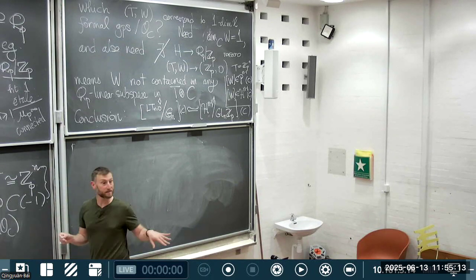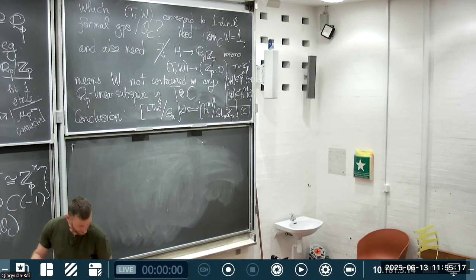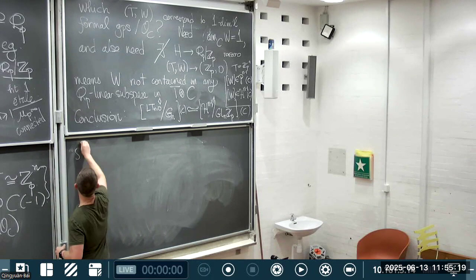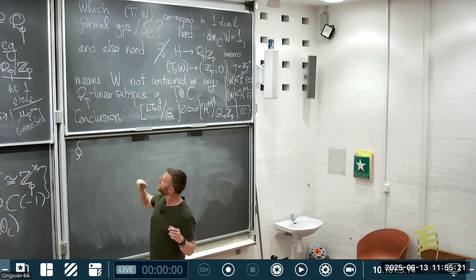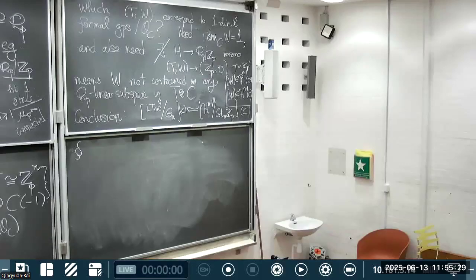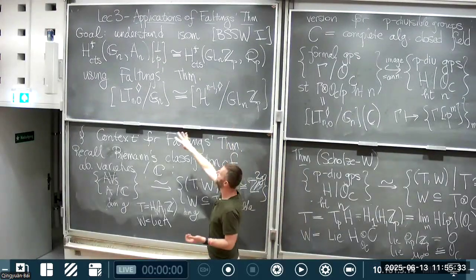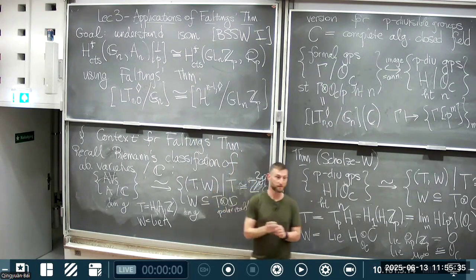So any others? We're going to kind of change direction right now. All right, great. So we want to apply the theorem, right? We want to get some comparison, which gives us access to cohomology. So the cohomology is going to be geometric in nature. We want to take some kind of cohomology groups on either side and somehow test it.